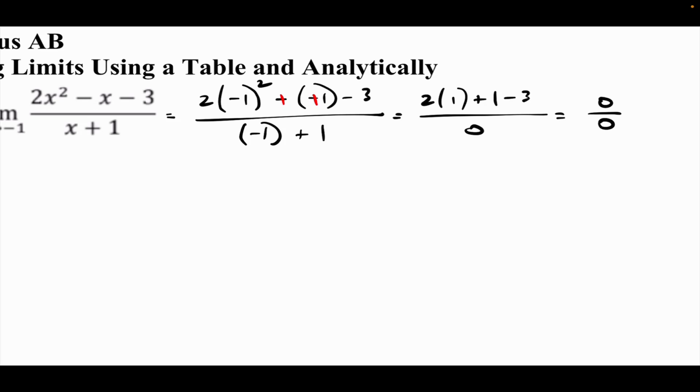The only time we get DNE is when I have something over 0. If that was 1 over 0, 2 over 0, -12 over 0, you guys would be right. It does not exist. But once you get 0 over 0, this is what I like to call you got more work to do. More stuff needs to be done. There's meat still left on the bone, right? Work still left to be done.